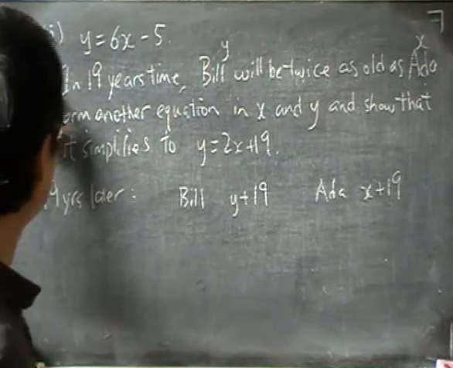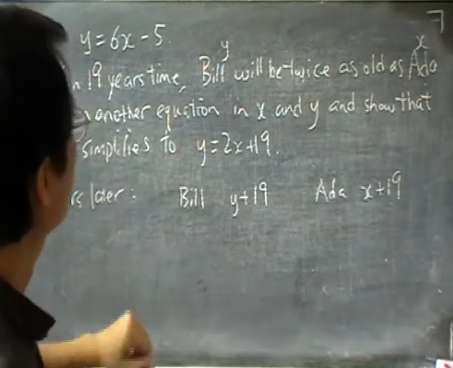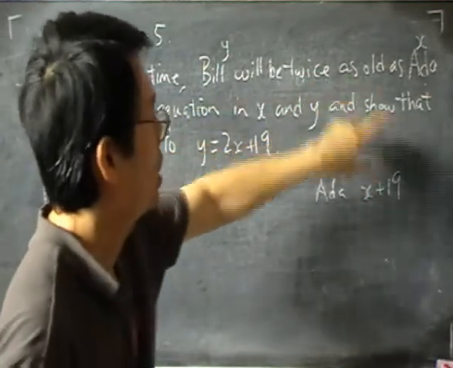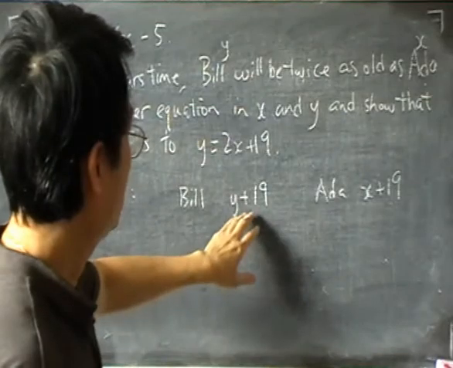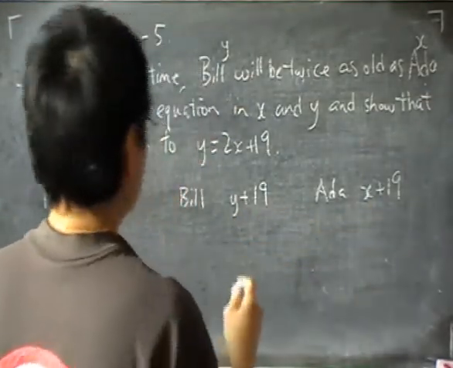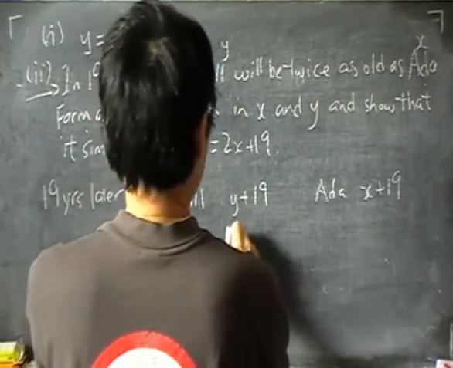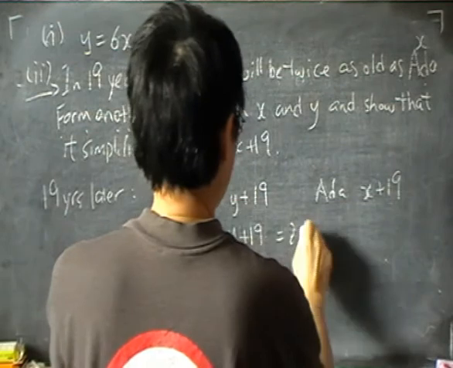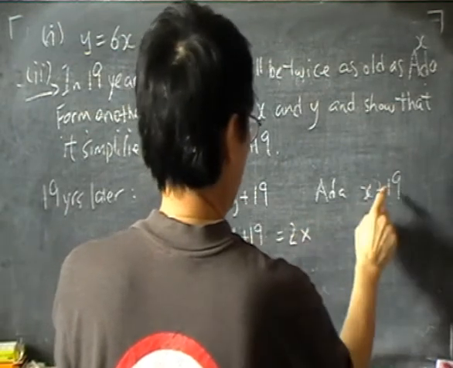And we know from this key information that Bill will be twice as old as Ada. That means that this number is 2 times this number. So let's write that down. Y plus 19 must be 2 times this number.